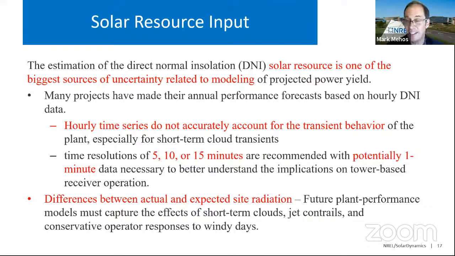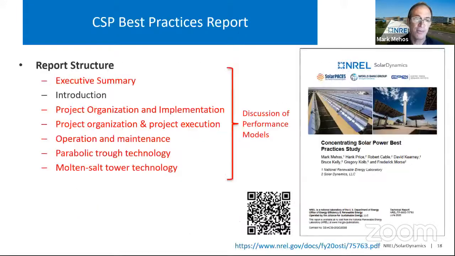We see those a lot in California, unfortunately. And those impact operator decisions, especially when they want to be very conservative. You model your plant based on relatively aggressive assumptions. Well, operators don't like to operate aggressively, maybe appropriately so. So you have to take that into account.